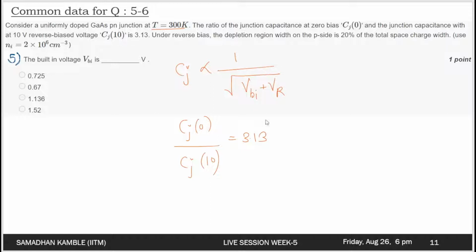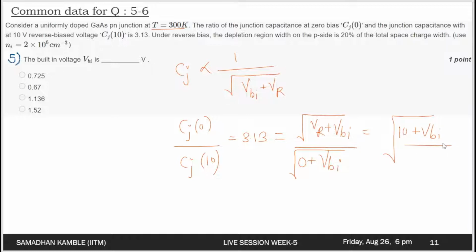So using this relation we can equate it to the square root of VR plus VBI divided by VBI, because VR in this case is 0. Just substitute the value of VR, that is 10 volt. It is simply 10 plus VBI by VBI.